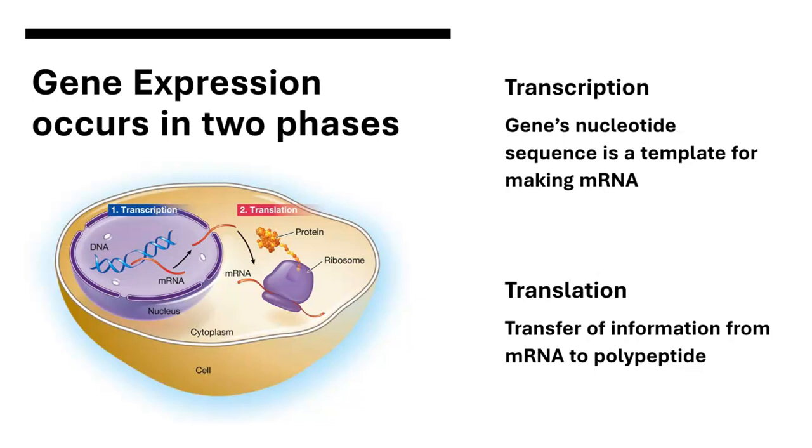So we're going to copy that information in the form of a messenger RNA strand. And it's the messenger RNA that leaves the nucleus. The little red string there is our messenger RNA. It moves out through the pores in the nuclear envelope and goes out into the cytoplasm and meets up with the ribosomes for the second half, which is called translation.